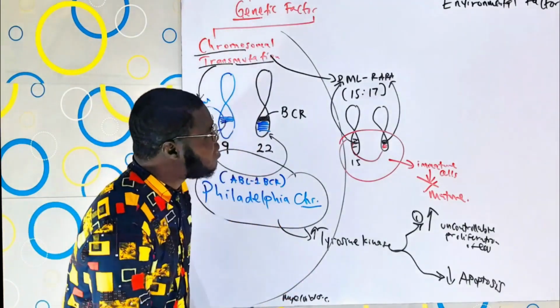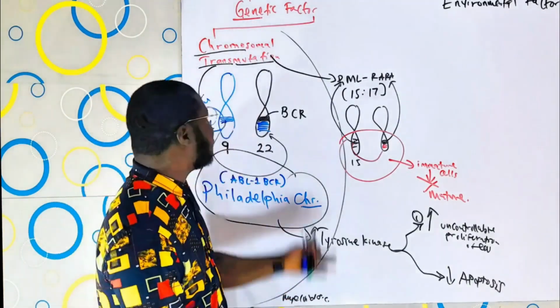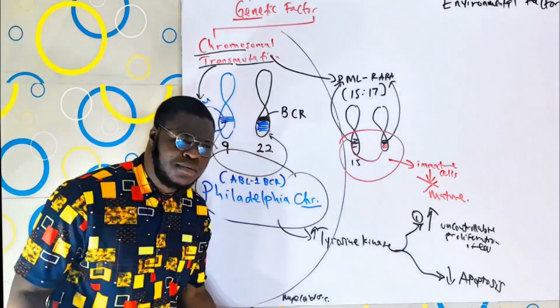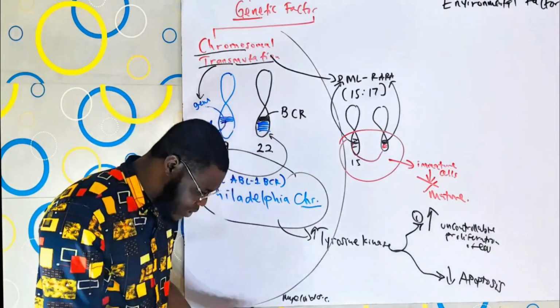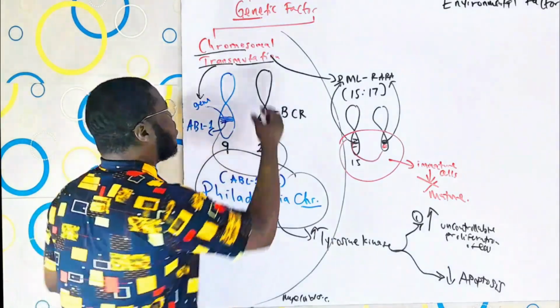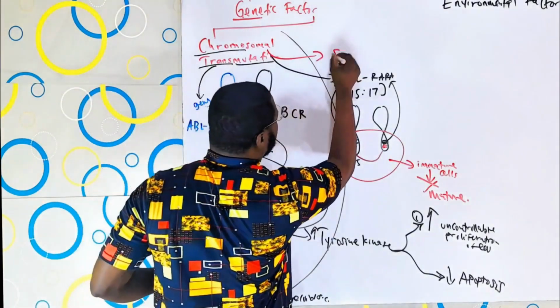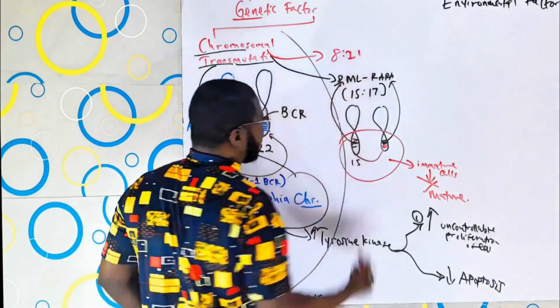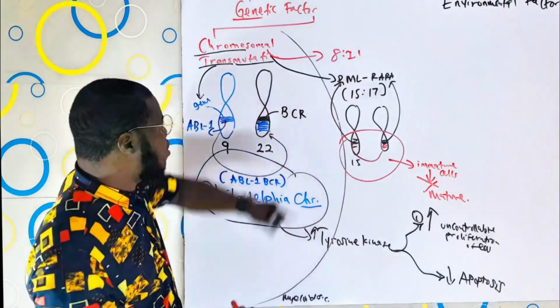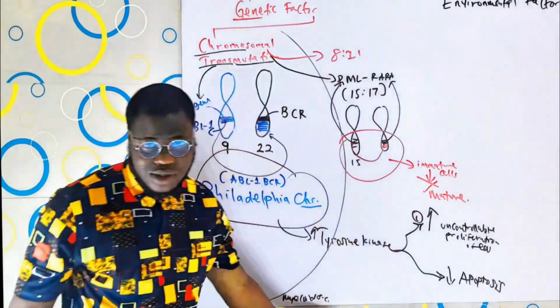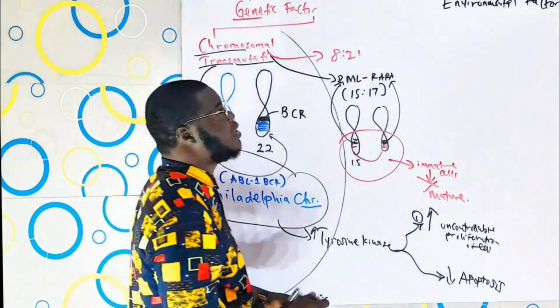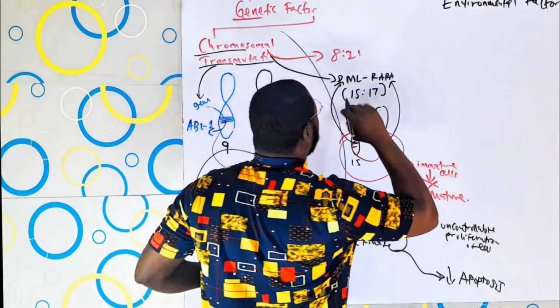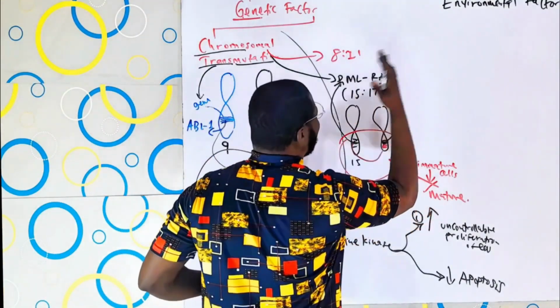Now, apart from that, we also have other chromosomal translocations. Another chromosomal translocation I can think of now is 8;21. So, 8/21. We already know what will happen. The gene of 8 will run towards 21. As simple as that. And that is actually called, I think, RUNX1-RUNX1T1, something like that.